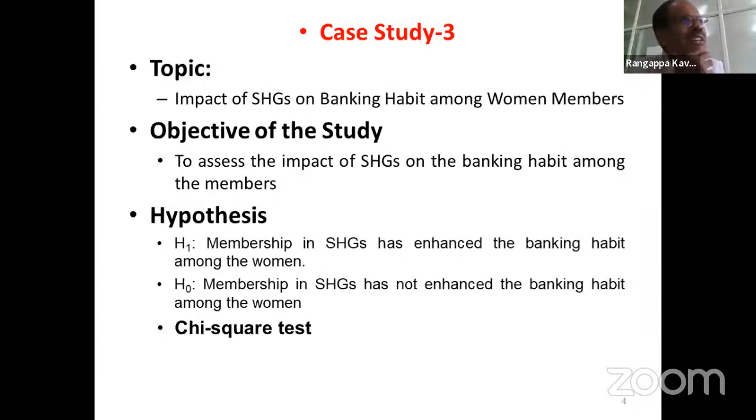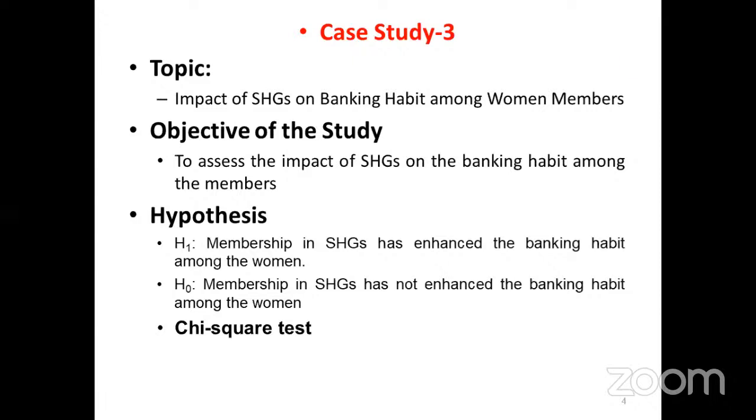In the two rows, take the respondents who are members of self-help groups and those who are not. In the two columns, take the women who have the banking habit and those who do not. It is the nature of a contingency table. In this context, it is the chi-square test which is relevant here. Am I clear now?